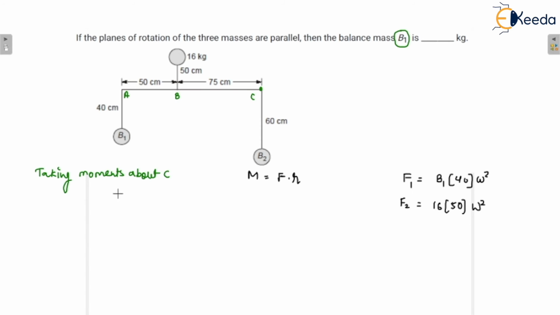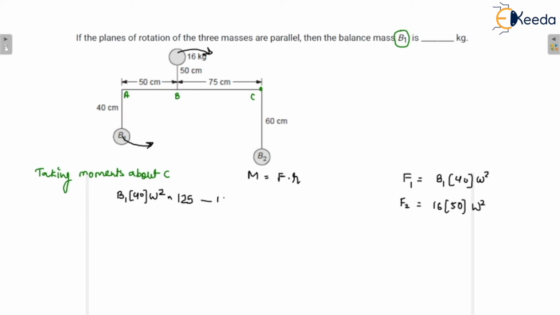For F1 it is B1 r omega square, and for the moment the distance from A to C is 75 plus 50, which is 125. Now it is making an anti-clockwise direction. When you take moment for this force it would be in clockwise direction. So I'm considering anti-clockwise as positive and clockwise as negative.